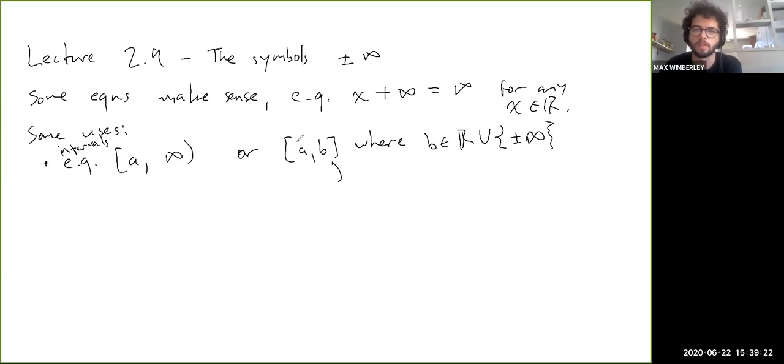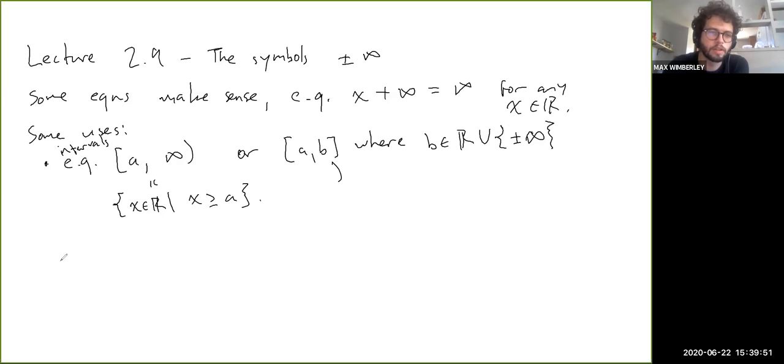So this would indicate a certain class of intervals, or if it was a parenthesis here, then it would be all the half open intervals, including an entire infinite ray out to infinity. These are notations that you'll see, and this, for example, would be the set of x in R such that x is greater than or equal to a, right?